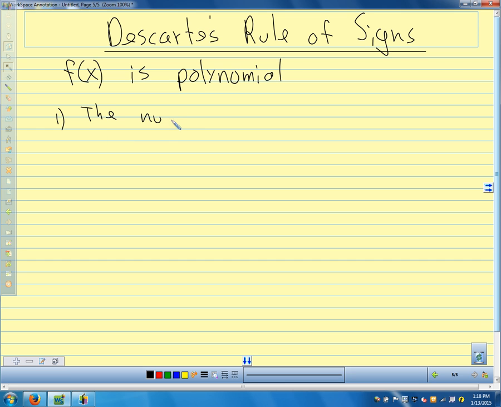The number of positive real zeros, and notice we're saying just real zeros now, not rational.